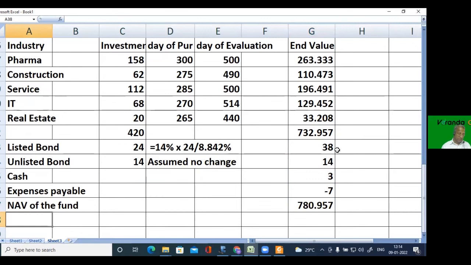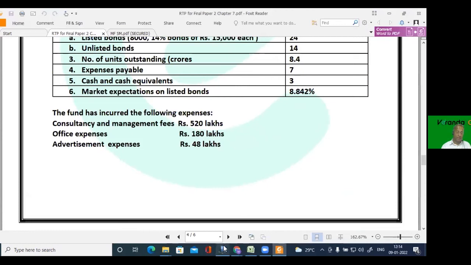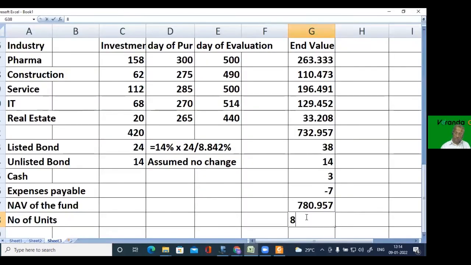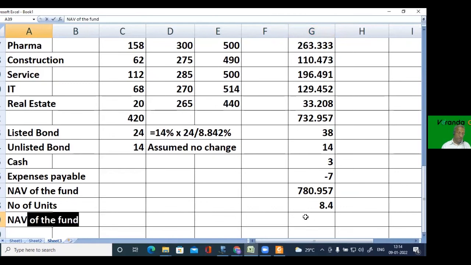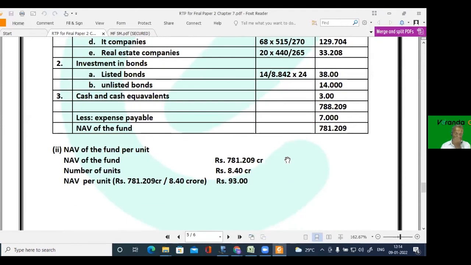Then number of units, 8.4. NAV per unit, 92.97. Let me just check. So here 781 point.